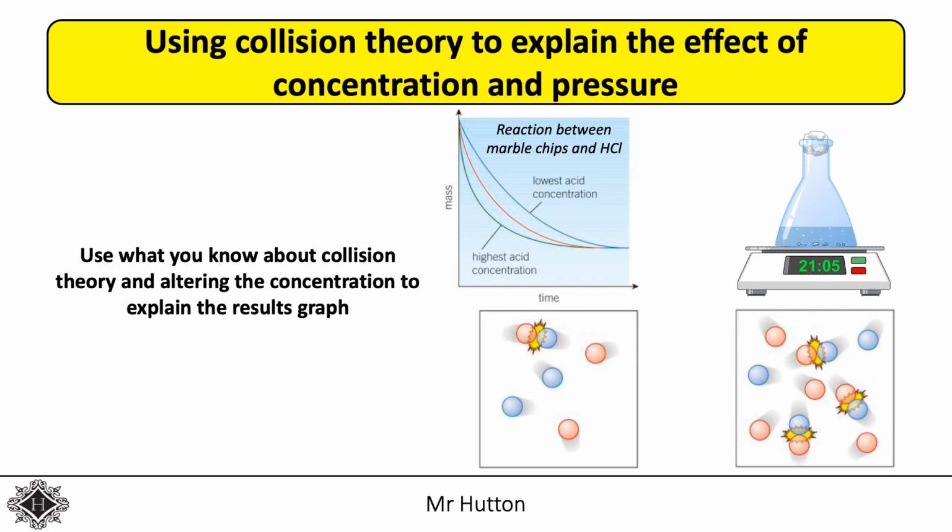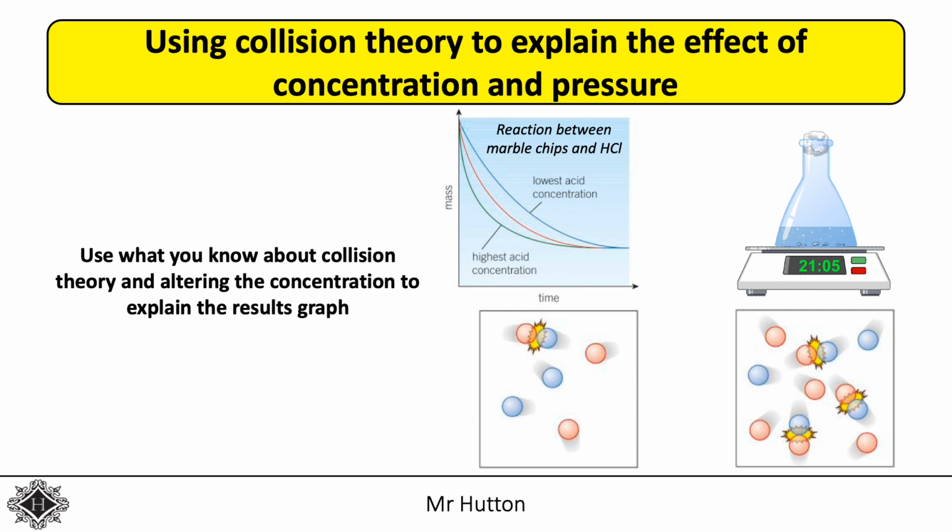And if you remember back to our measuring rates lesson 1, this is one of the methods we can use. So if a gas is being produced, the gas is going to leave through the cotton wool in the top of the conical flask there, and the mass of our reactant vessel will gradually go down as more gas leaves. And the graph is showing you how that changes with different concentrations of acid.